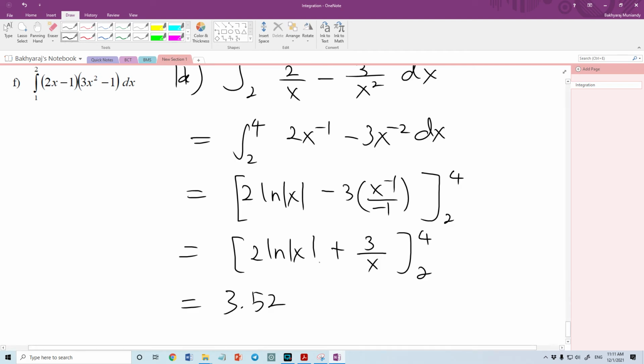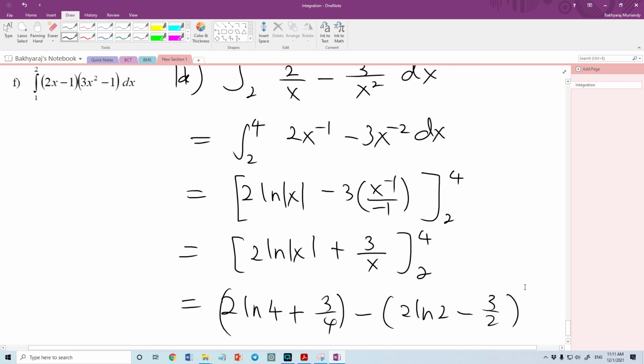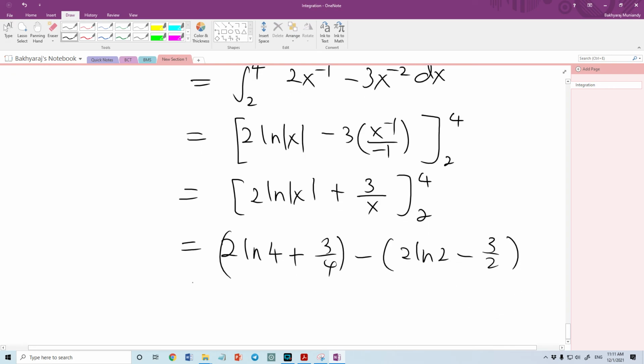The formula is minus, so better I do the substitution first. So 2 log 4 plus 3 over 4 minus, 2 log 2 plus 3 over 2. Once I substitute, now find the last answer: 3.52 minus, then substitute 2, you get 2.89.